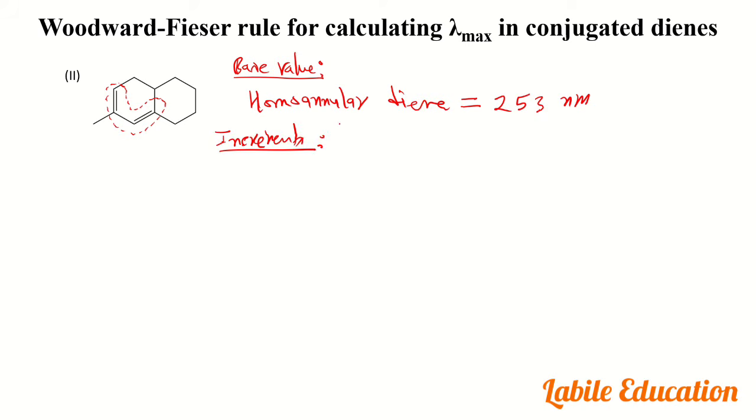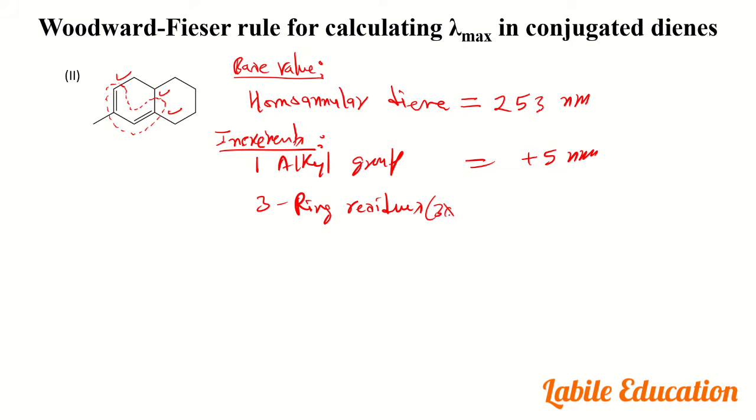Now increments we will add. There is one alkyl group, so this will contribute plus 5 nanometer. And now how many ring residues can you mark? This is one, this is second, and this is third one. So a total of 3 ring residues, part of the ring, so 3 into 5, total 15 nanometer. Now we will see whether there is any extra double bond.